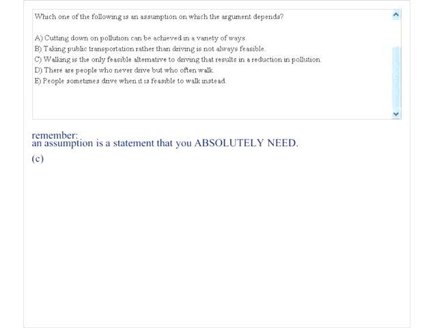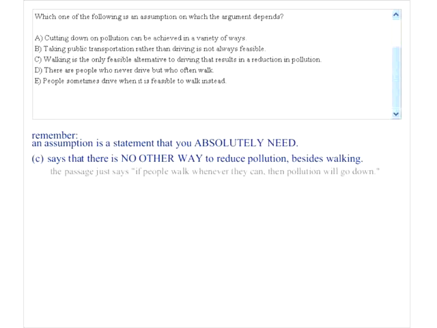All right, now that is not a necessary statement, because that's not what this passage is concerned with. If you look at the passage, it just says, if people walk whenever they can, then pollution will go down. Right?